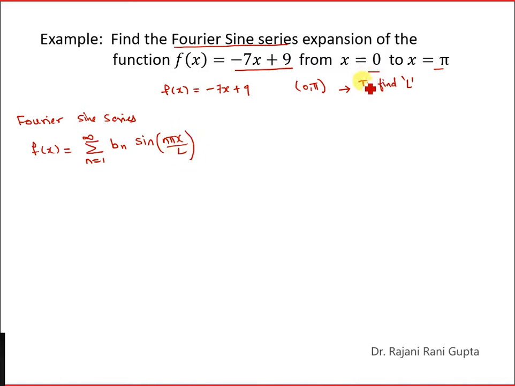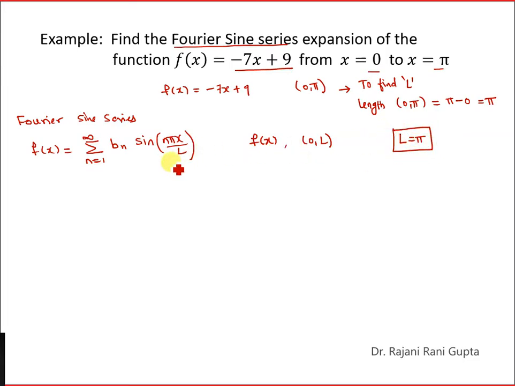So first step is to find L. To find L, we find the length of the interval 0 to pi, which is pi minus 0, that is pi. Comparing with this Fourier sine series, which is for the function f(x) defined from 0 to L, we get L is equal to pi.